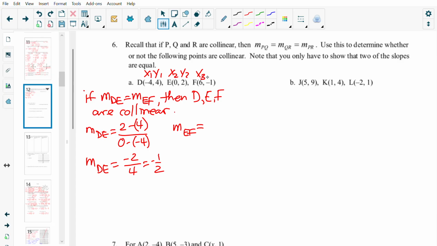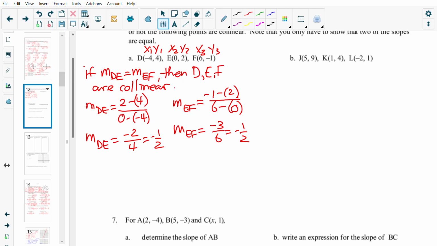Let's check the slope of EF. So EF, let me say that's x3, y3. So I go -1 minus 2 divided by 6 minus 0. Slope of EF equals -1 minus 2 is -3 over 6, also known as -1/2.